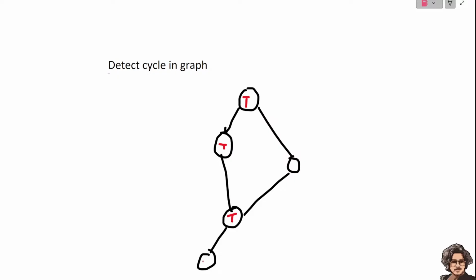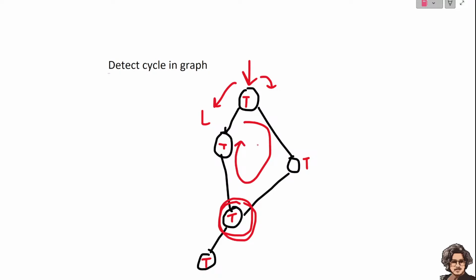If we choose the right side, we mark it as true, and we see that this part is already visited. This means there must be a cycle inside this graph. So this is the basic concept.